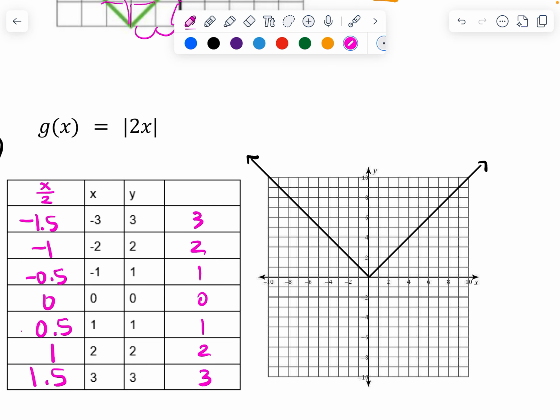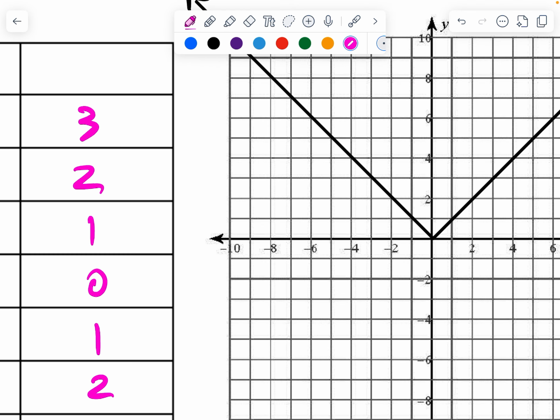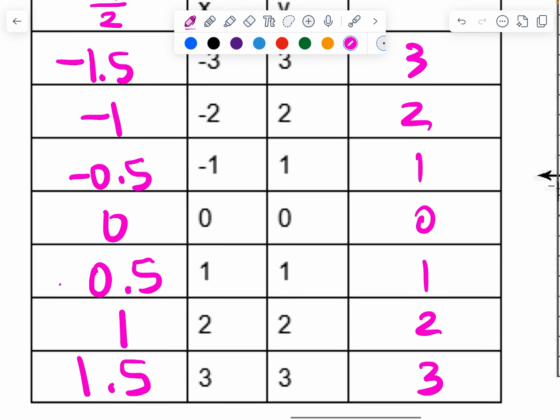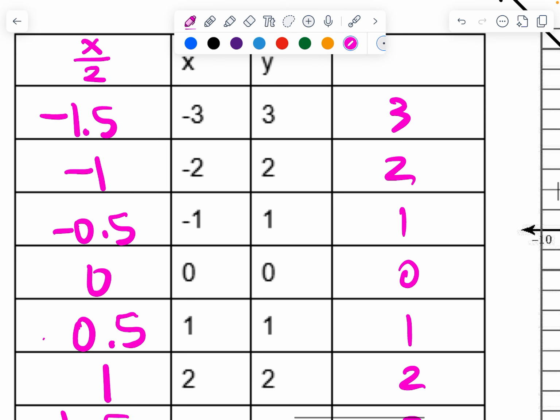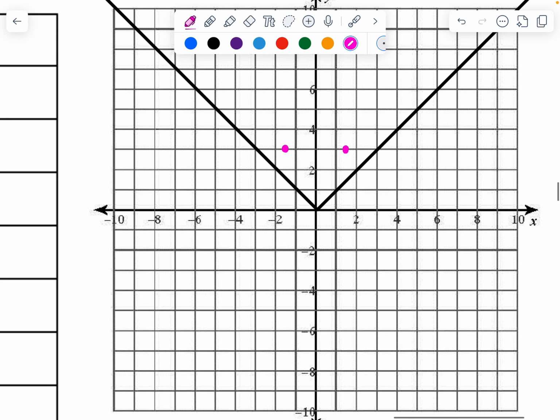So negative 1.5, 3. Negative 1.5, 1, 2, 3. And then 1.5 is also 3. Okay. Then negative 1 is 2. So negative 1 is 2. 1 is also 2.